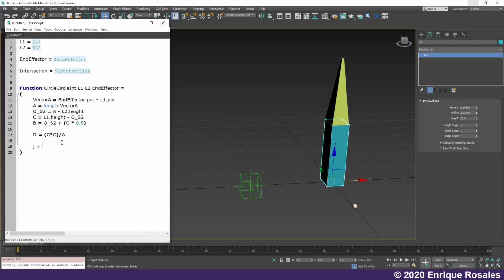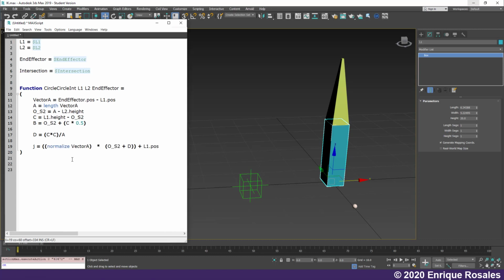So point J will be vector A normalized times the distance from O to S2 plus D, right? And we will need to add the origin of the kinematic chain, which in this case is L1. This is not yet the actual circle-circle intersection.